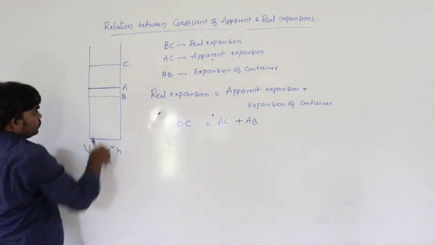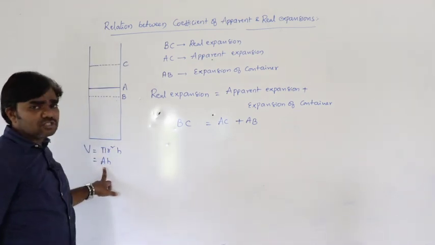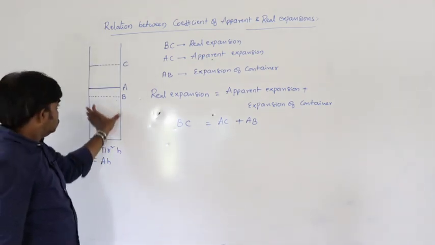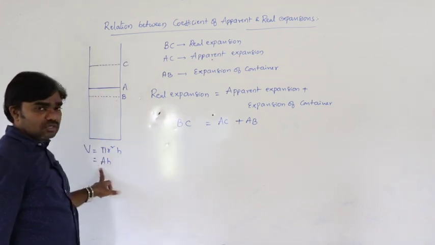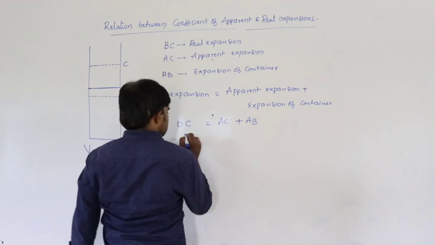Pi r square is nothing but area, into h. So here, throughout the length, the area of cross section remains constant. Then multiply with area on both sides.